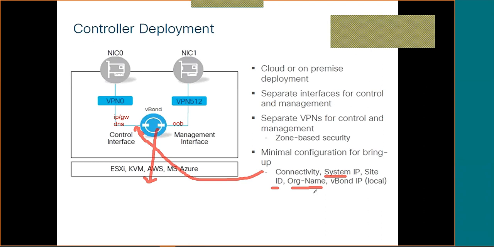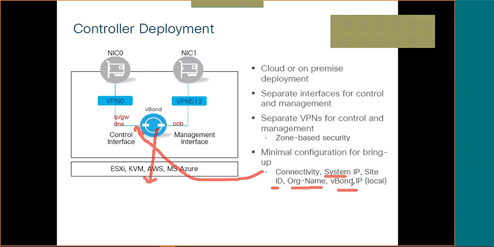So just to validate the certificate, the device must be configured with the organization name under the system, then the vBond IP address, because under the minimum configuration we don't need any other information. It tells the device which vBond it is going to connect to, so that after authentication and then authorization, it can be provisioned automatically.